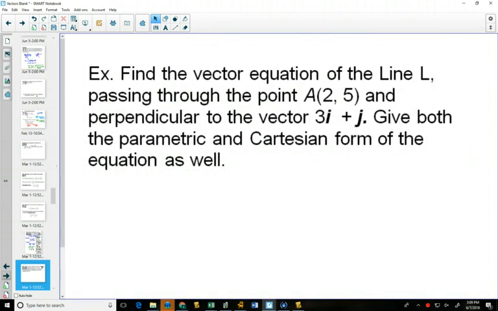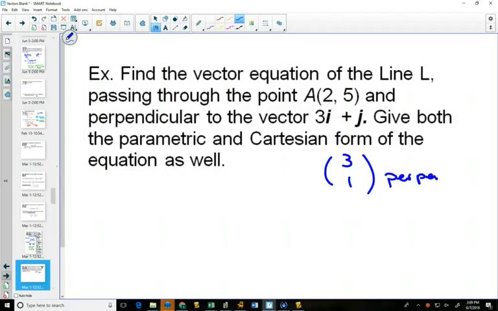Find the vector equation of the line passing through the point (2, 5) and perpendicular to the vector 3i plus j. So if you have this vector (3, 1), give me an example of something perpendicular to (3, 1).